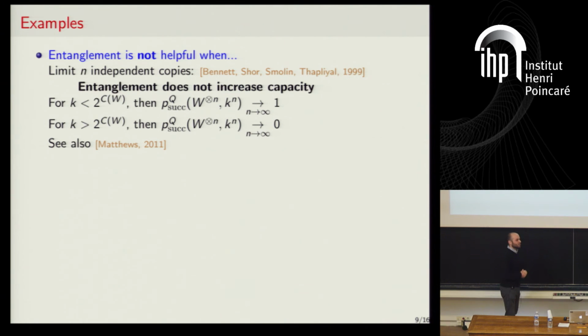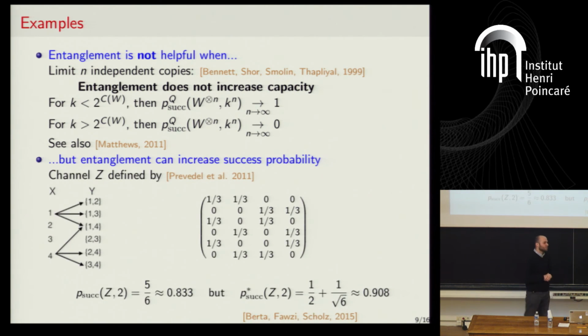Let's give some examples before getting into how much entanglement helps in general. We know of some examples where things either don't help or help. In the limit when you take n independent copies, we know that entanglement does not change the capacity. The capacity stays exactly the same if you allow entanglement between Alice and Bob. This was known for a long time. But we know of some channels, namely, for example, this one, where entanglement can help.